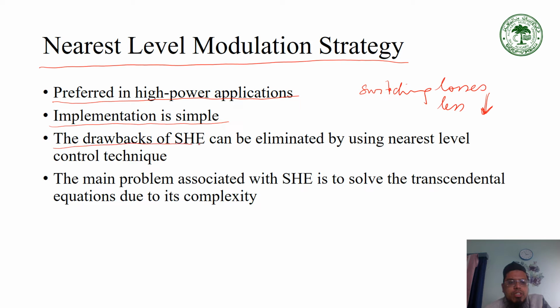And the drawbacks of SHE can be eliminated. What are the drawbacks of SHE? I didn't talk about it in detail, but this SHE is selective harmonic elimination.